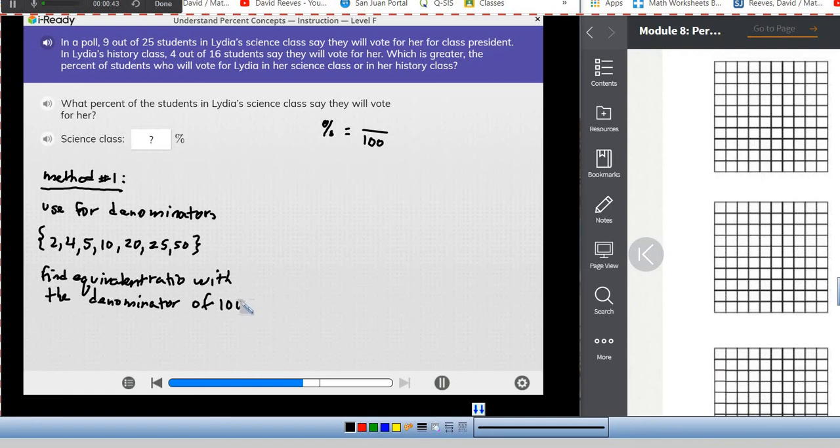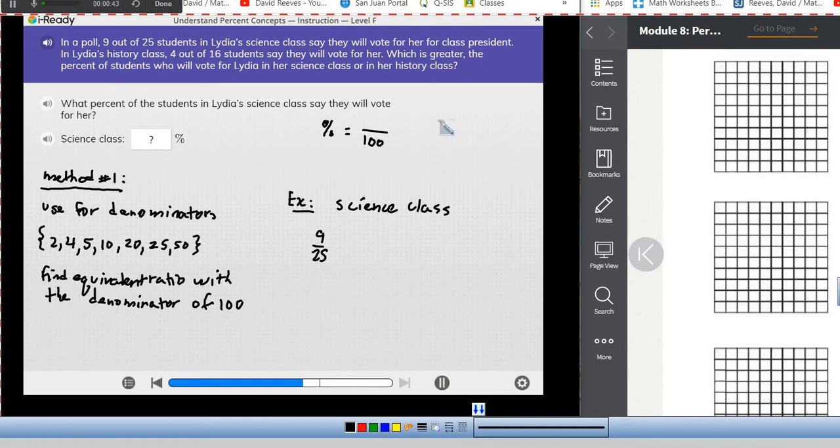We can do that using this science class ratio. For example here, in her science class, the ratio is 9 out of 25.